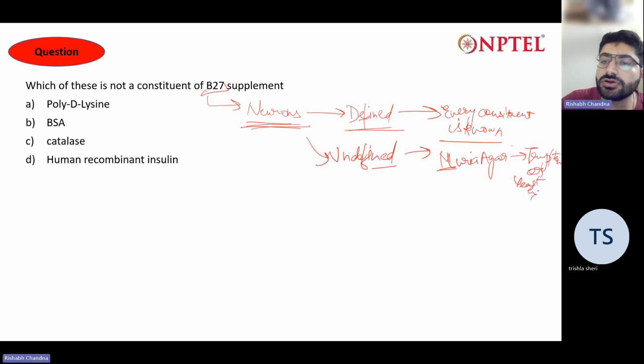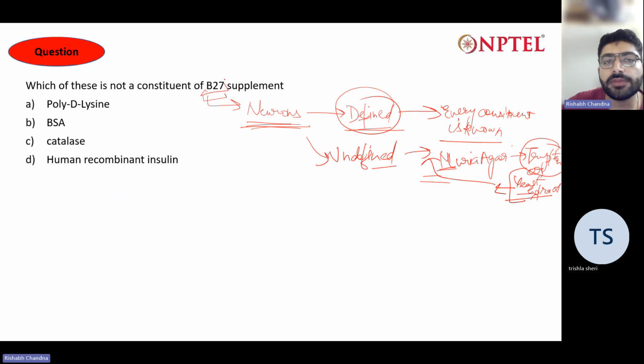We say that it's a source of nitrogen, but we do not know the exact composition of the yeast extract or the tryptone broth. That's why it falls in the category of undefined medium. Here, B27 supplement is used for culturing neurons and comes under the defined medium category.